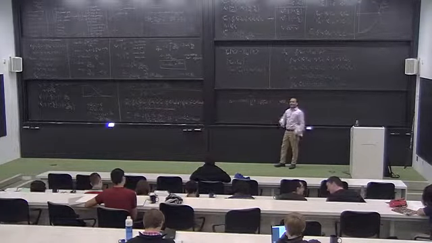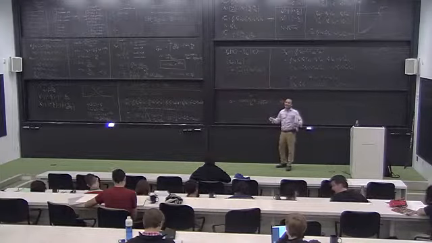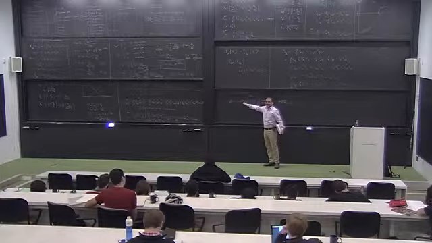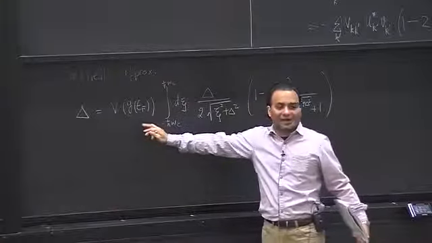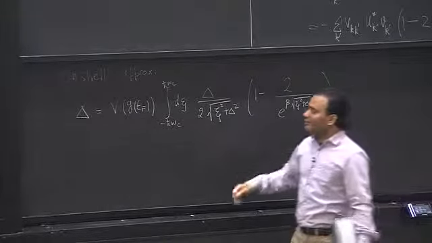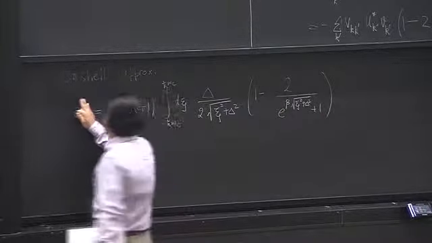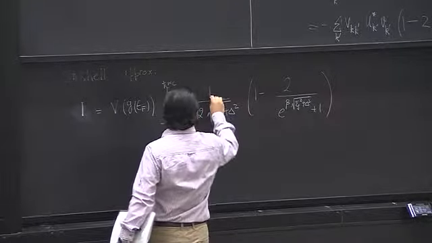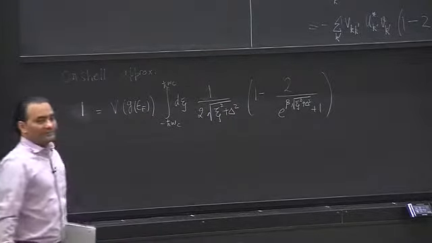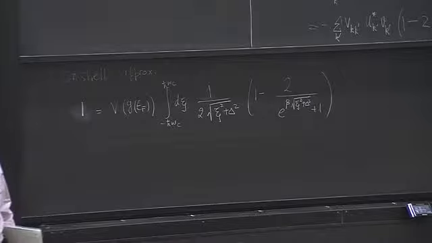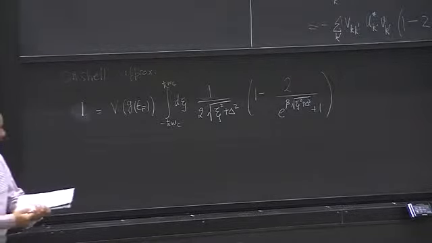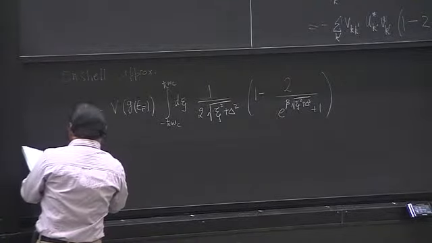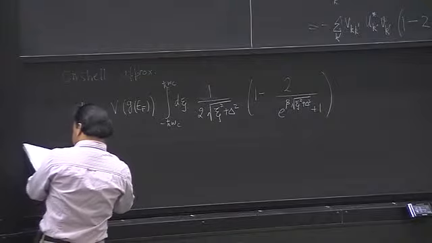Again, use the fact that the density of states does not vary on the energy scale of h bar omega c. Replace the density of states function by its value at the Fermi energy and take it outside the integral. Now delta is constant, so you can cancel this factor of delta with this here. And this is the equation you have. So go through all of these steps and show that finally you can arrive at an equation which is known as the BCS gap equation.